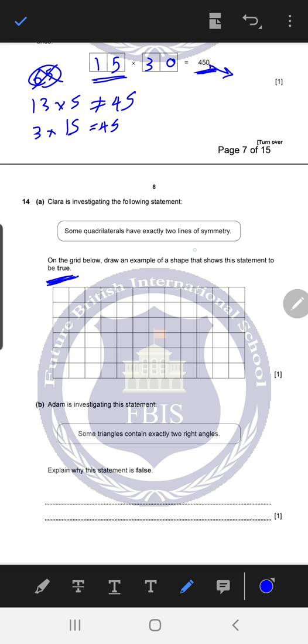So we need to draw a quadrilateral with 2 lines of symmetry. For example, a rectangle. This has 2 lines of symmetry. Or a rhombus.